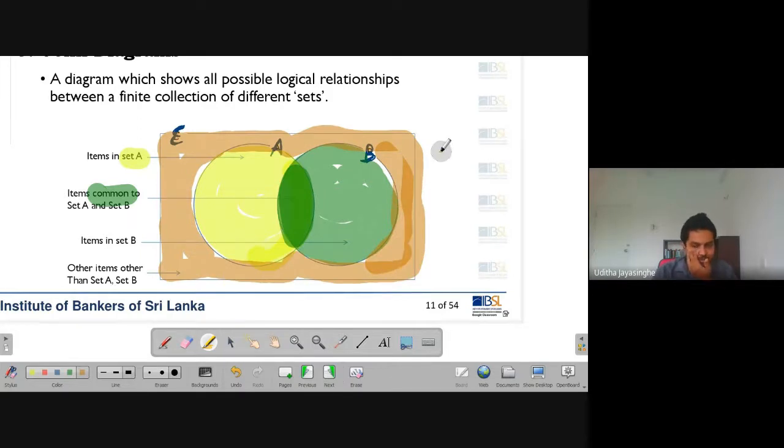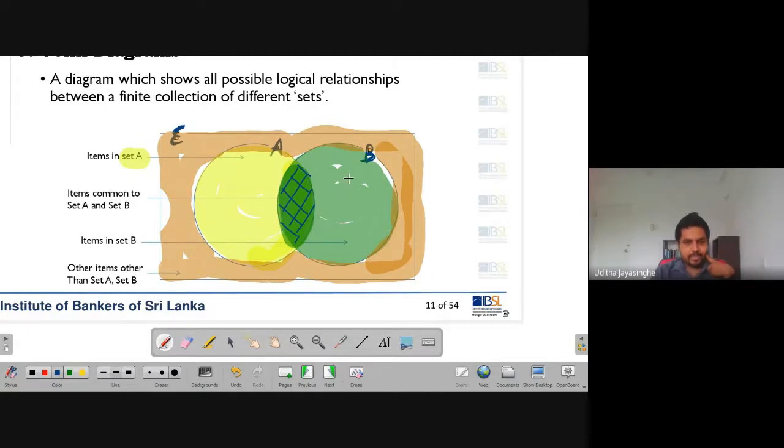So briefly, yellow is set A, green is set B, and orange is the other items other than set A and set B. And what about this beautiful area that got crossed away? These are the items that are common to A and B.